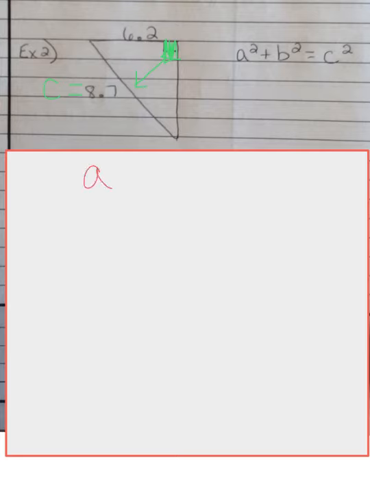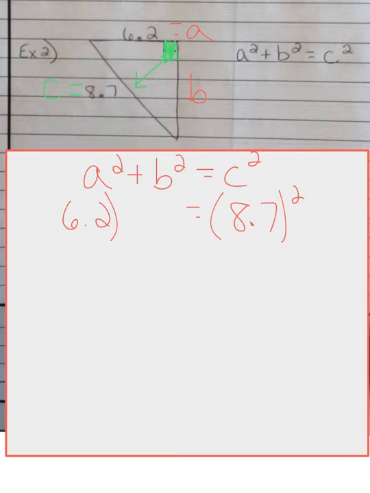We're going to use a squared plus b squared equals c squared. We know c is 8.7 and we're going to square it. Let's go ahead for this one and just find b. So we know that our a is going to be the 6.2. And we're going to square it.